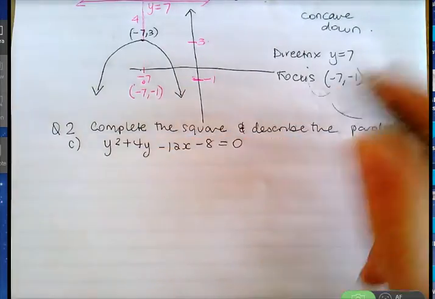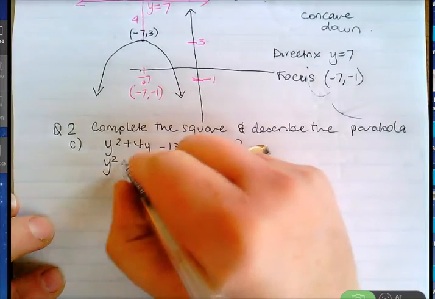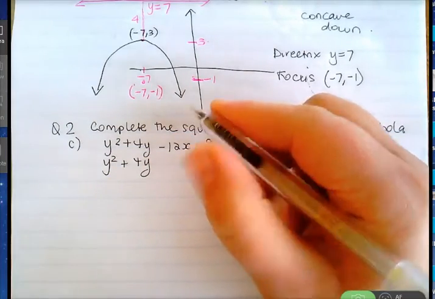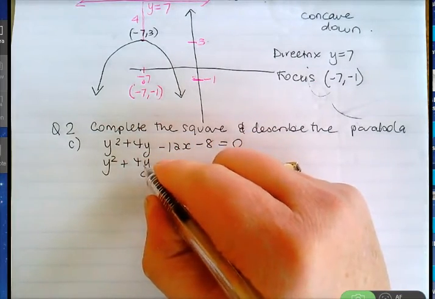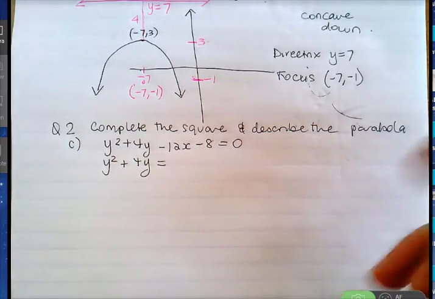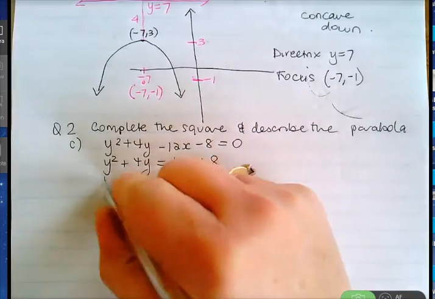What are you going to complete the square on, the x or the y's? Y. Because you always complete the square when you've got the squared term and the normal term, on the y squared and the y this time. What do we do with these minus 12x and minus 8? Move them over. Now we complete the square there.